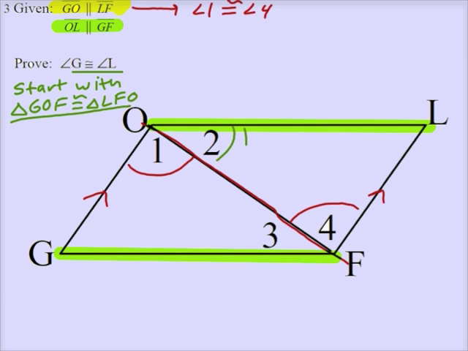Angle 2 is created by a green line. Angle 3 is created by a green line. And so that means that angles 2 and 3 are congruent because OL is parallel to GF. So we've got two pairs of angles, and the way that this particular image is drawn, we've got a shared segment, OL.